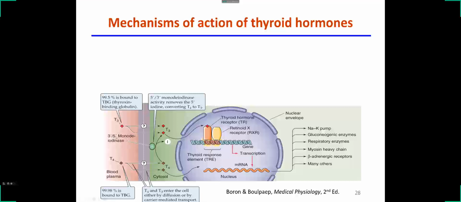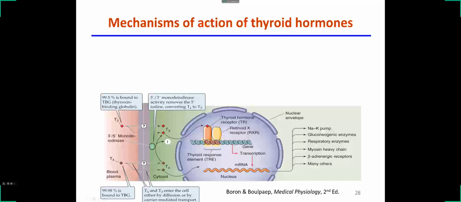Via monodeiodinase, which can then, in the T3 form, bind to thyroid hormone receptor, which immediately can activate gene transcription inside the nucleus.